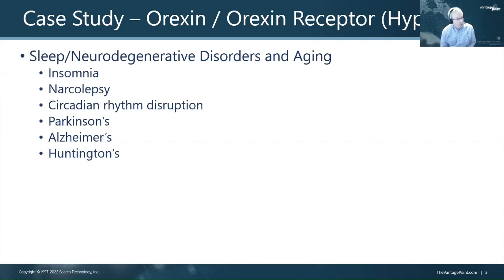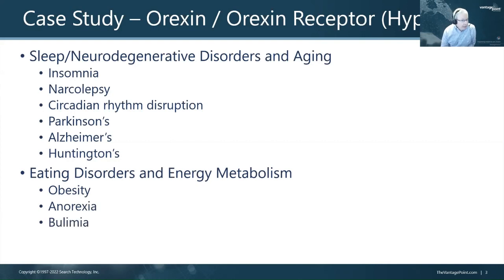Mostly the focus at the moment is with regard to insomnia, but there is a lot of research around orexin and the orexin receptor with regard to aging, Parkinson's, Alzheimer's, and Huntington's, and we'll explore that in the course of talking about grouping. It's also involved with eating disorders, interestingly enough, and energy metabolism, obesity, anorexia, bulimia, diabetes.